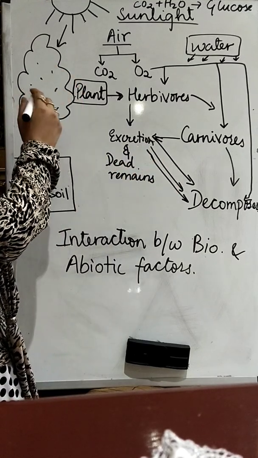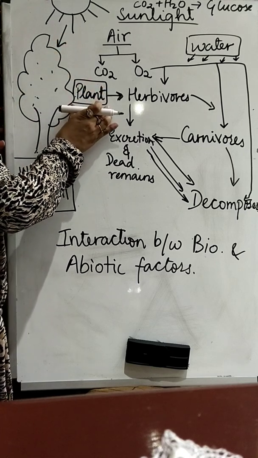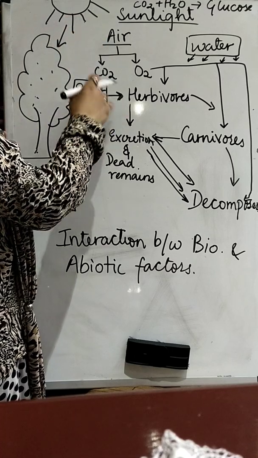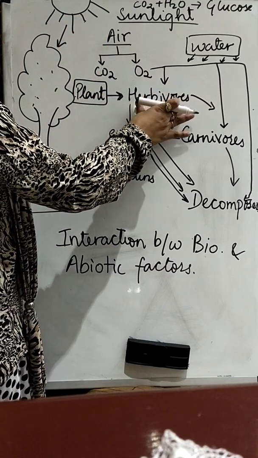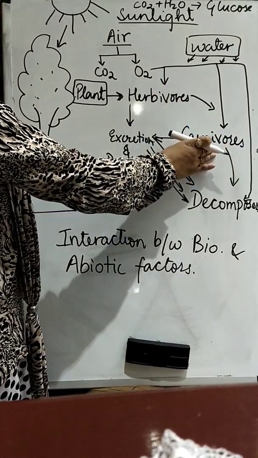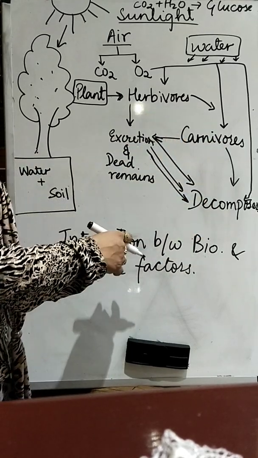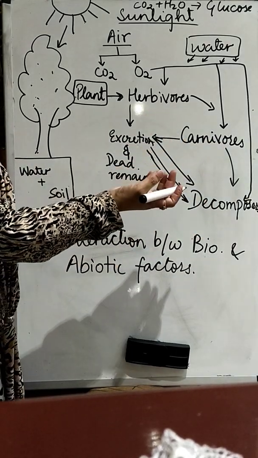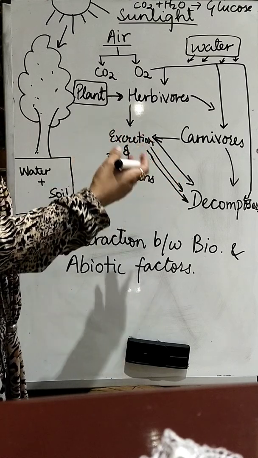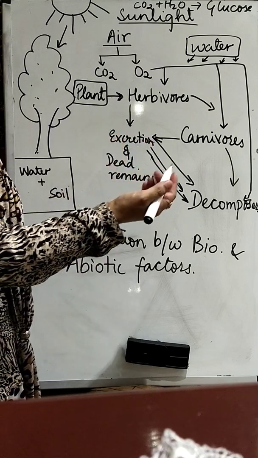So in this way you can see that plants, which are biotic factors, are dependent upon the abiotic factors, and plants are in turn eaten up by the herbivores. Herbivores are eaten up by the carnivores, and their dead remains are decomposed by decomposers. And omnivores are the organisms which eat both plants as well as animals, for example human beings.